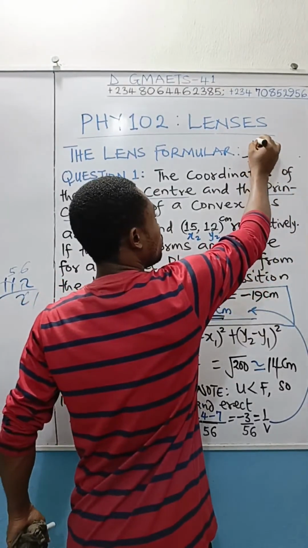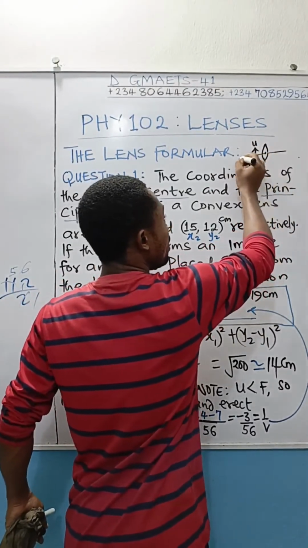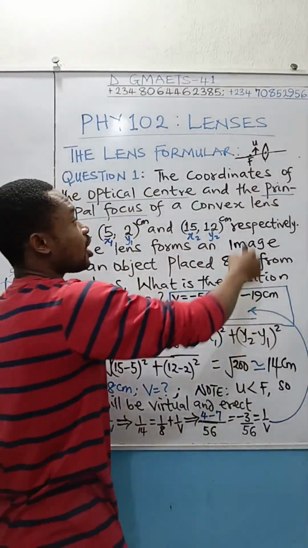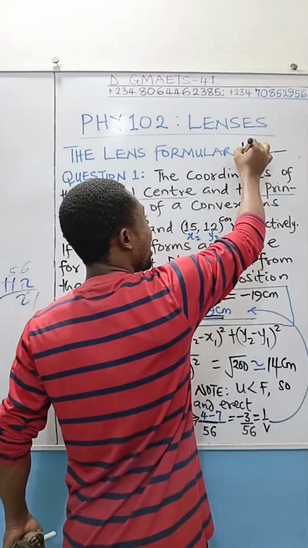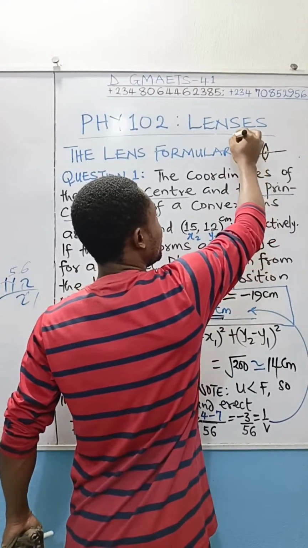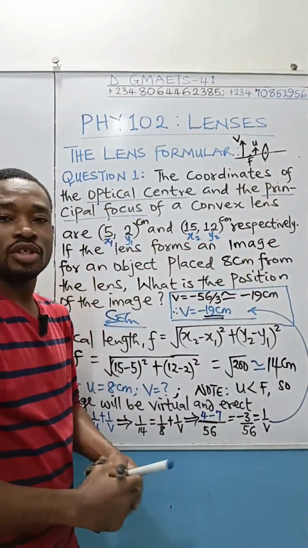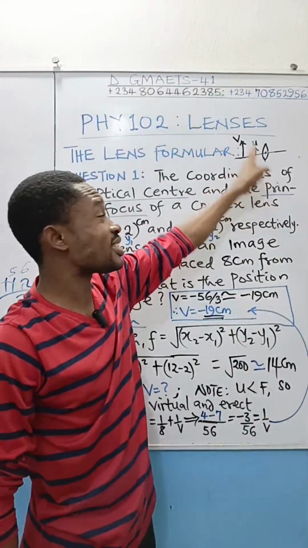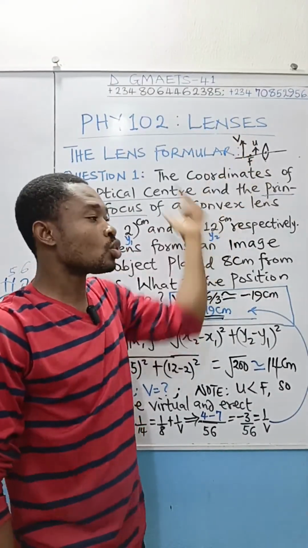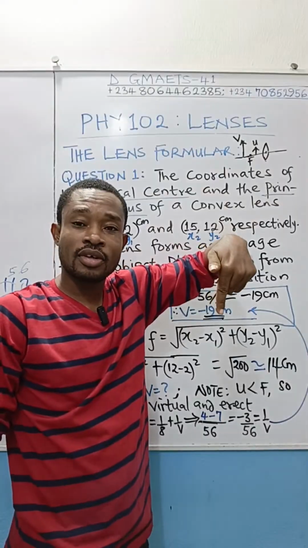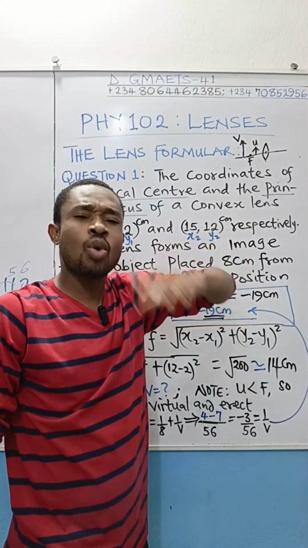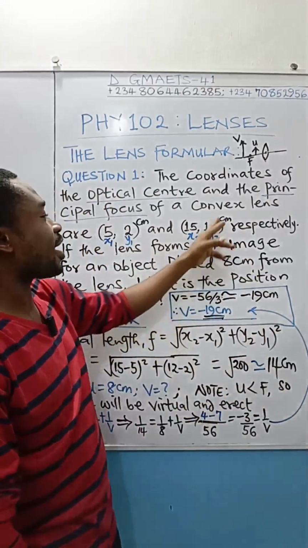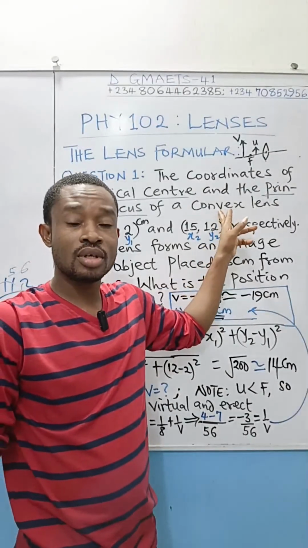So if this is the object, now the image, which is 19 centimeter, will be formed behind the object. This is your image. It will be upright like this. The way the object is standing, that's the way the image will stand. It won't be inverted, like what we really know about convex lens.